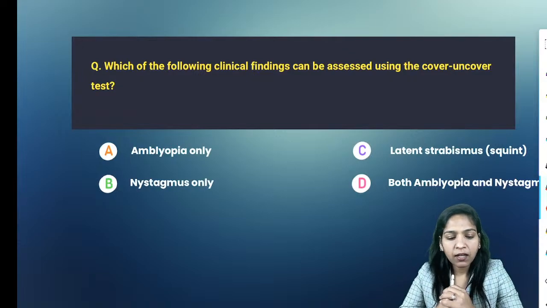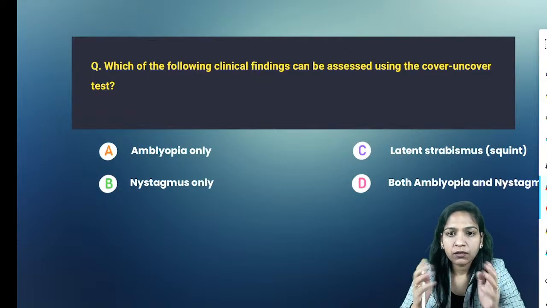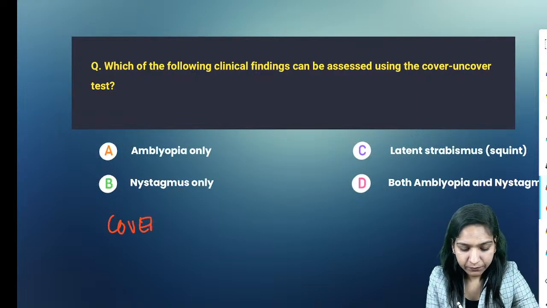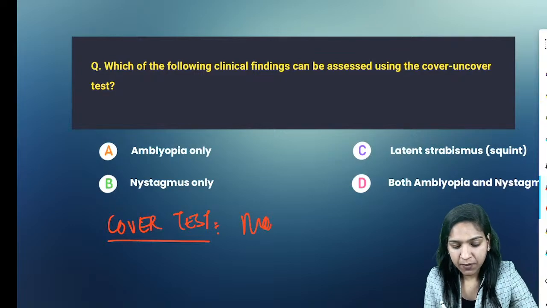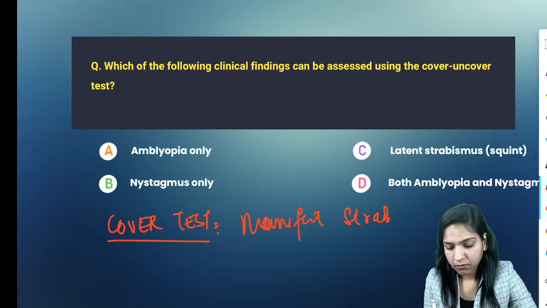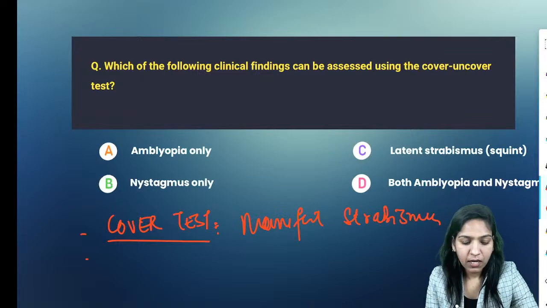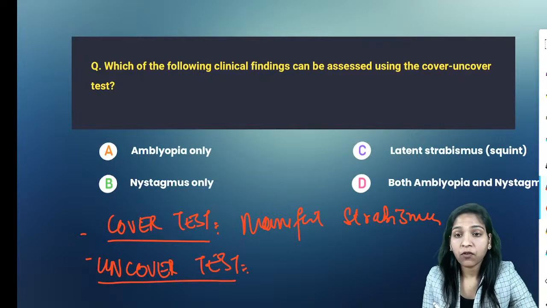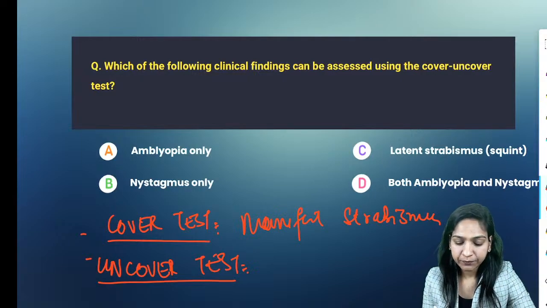The cover test is used for manifest strabismus, and the uncover test is used for latent strabismus.